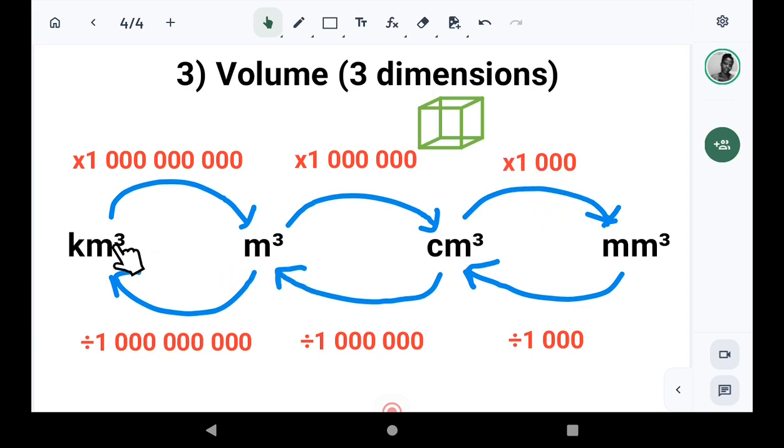And to convert from cubic kilometers all the way to cubic millimeters, you will multiply by 1 and 3, 6, 9, 12, 15, 18 total zeros. 1 and 18 total number of zeros. And to go back from a smaller unit of measurement to a bigger unit of measurement, you divide by the same factor you multiply by.